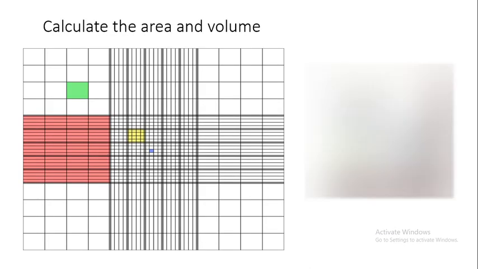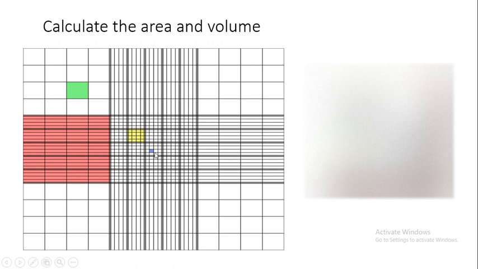Now we will discuss the volume of each of the squares. For the WBC counting square, the length and width are 1 mm and the depth is 0.1 mm. So the volume is 1 mm into 1 mm into 0.1 mm, which becomes 0.1 cubic millimeter.